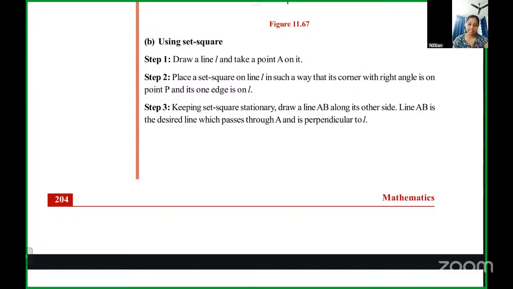L as in means you draw a line and write a small L near it. L is the name of the line.